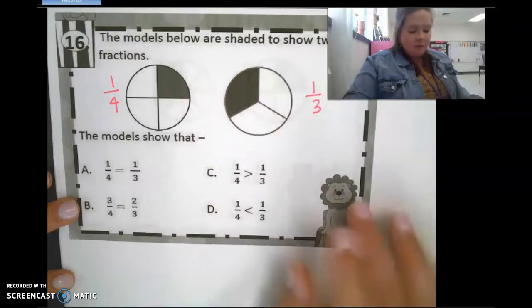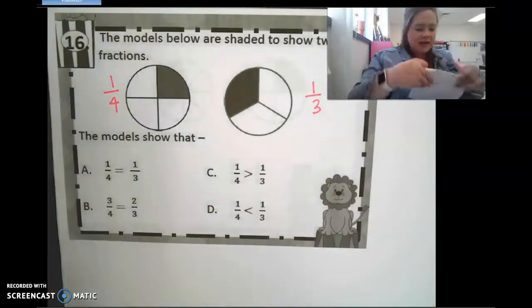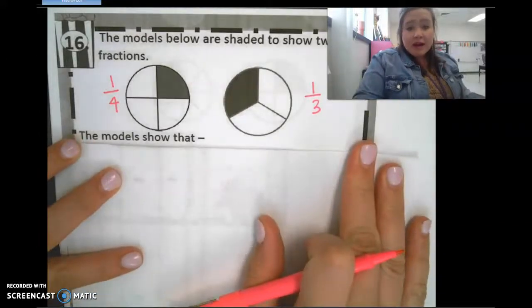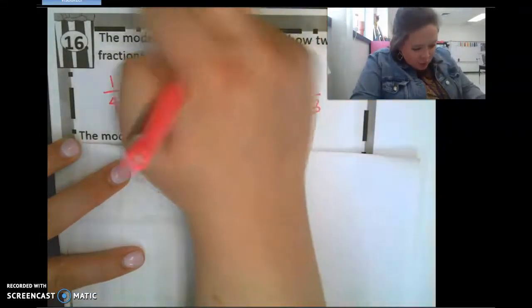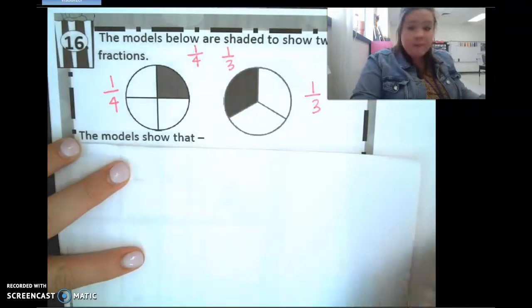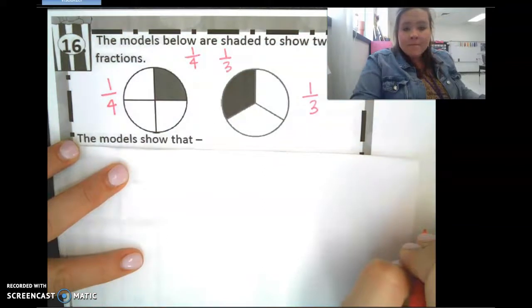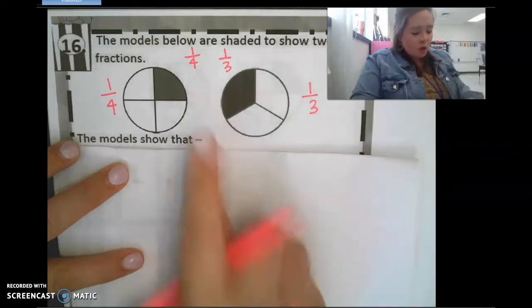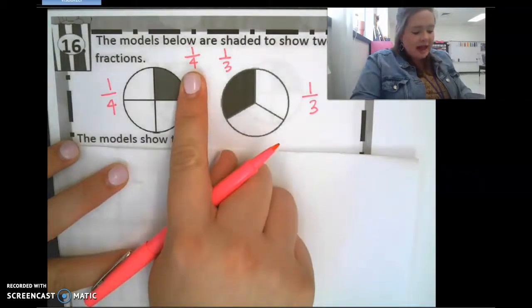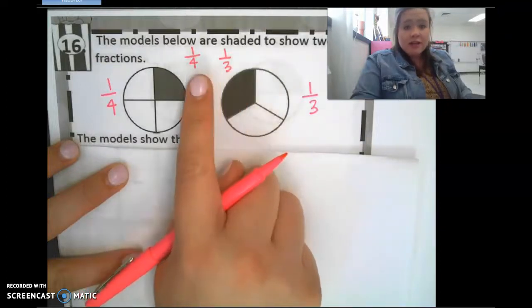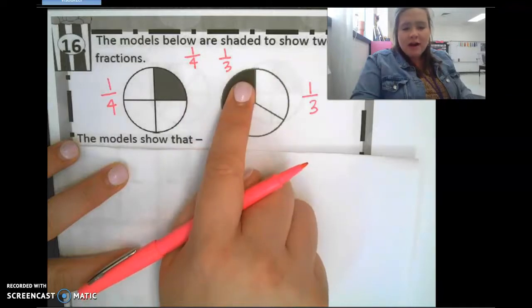Before we even take a look at our answers, I know that we're comparing these fractions. Let's write a comparison for these. 1/4 is what to 1/3? Remember, when you're comparing fractions that have the same numerator, you're going to look at your denominator to compare your fraction.